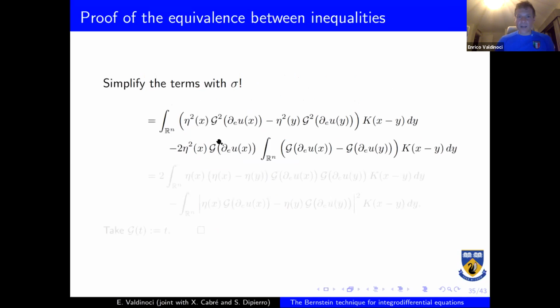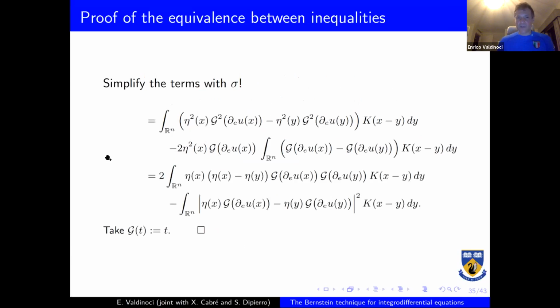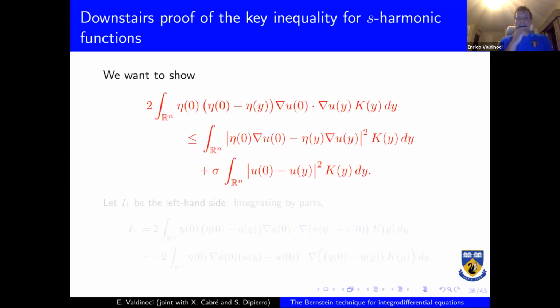And then you end up with this, but you rearrange the terms, and you notice that this can be written in this form, and the special case of g equal to the identity is precisely the claim in the desired equivalence. But it's a very general cancellation. A slightly harder cancellation is needed to check the result for the solution of an equation.